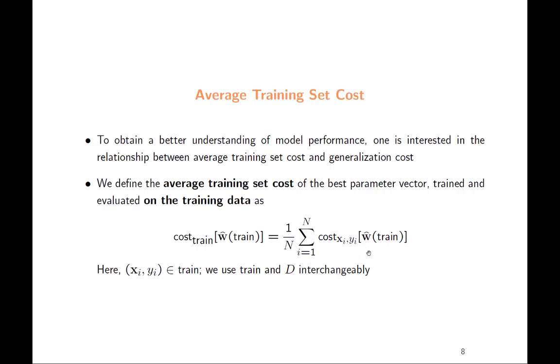So this is just the average training error on the training data set. I also noticed that sometimes we're using train, sometimes we're using the letter D as a training data set. Here it seems more applicable to use the training data set. So this is just our training set error.